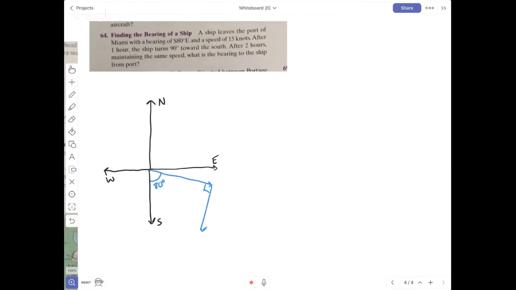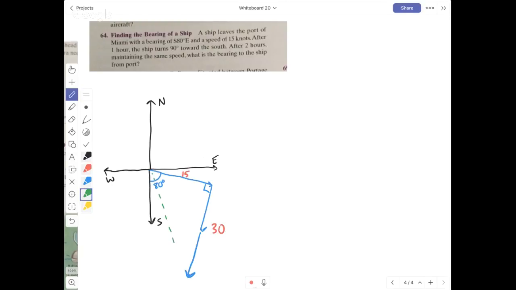After 2 hours, maintaining the same speed, what is the new bearing to the ship from port? So in 1 hour, we've got 15 knots. Going the same speed for 2 hours, they clearly went 30 nautical miles. All right. So first of all, I want to solve this triangle. Here's the new bearing to port.